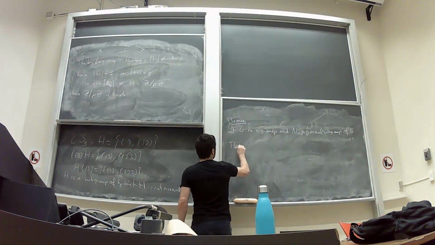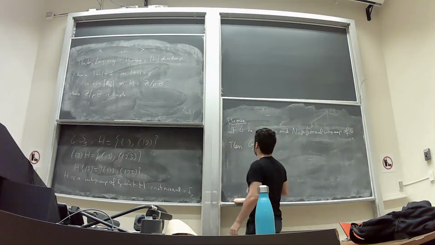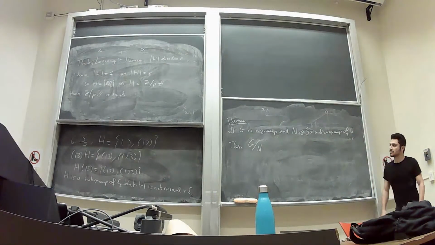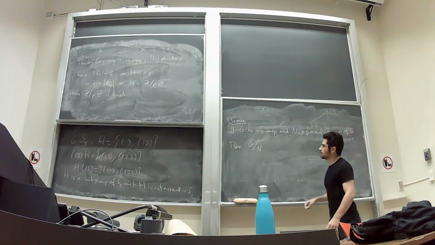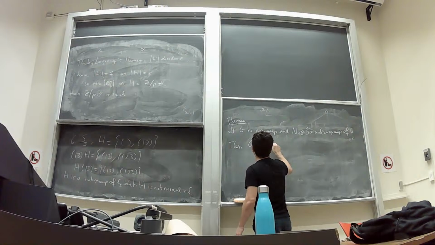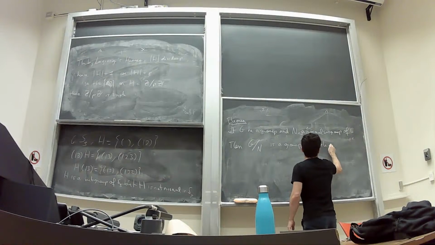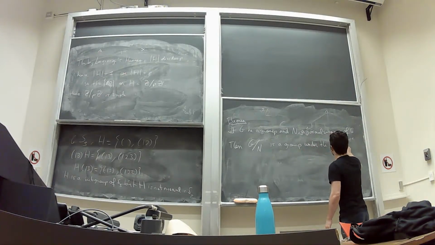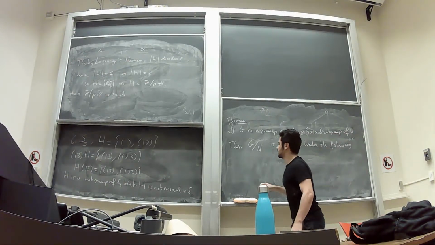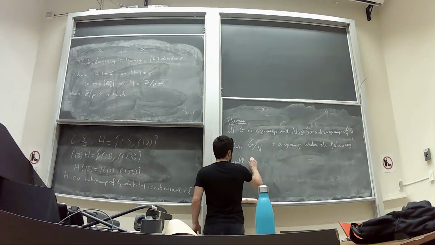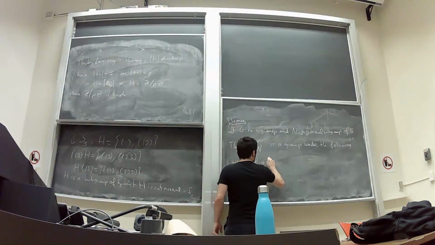Then G modulo N is a group under the following well-defined binary operation.